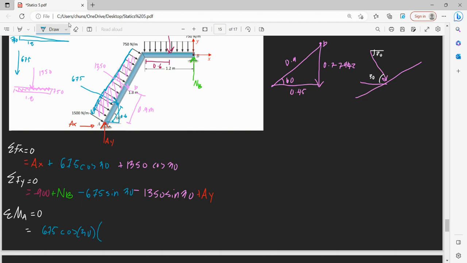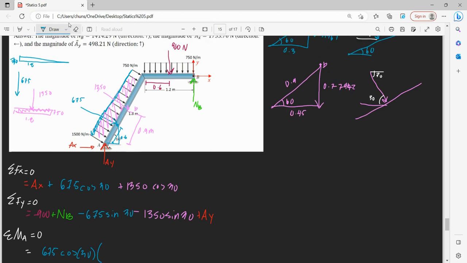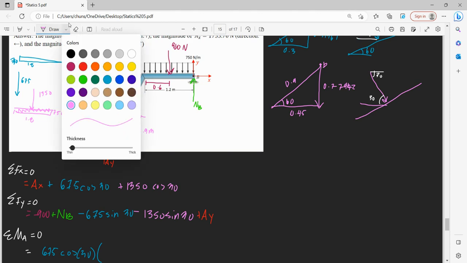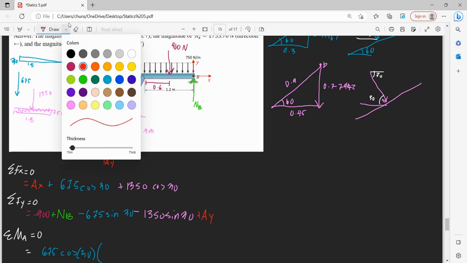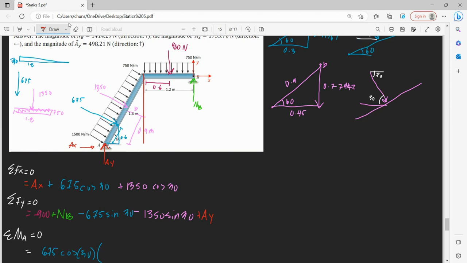So we need to find the vertical distance that we need to get in order to get to point A. So our vertical distance is from here to here. And let's make another triangle in red this time. Let's do our whole triangle, then you're going to subtract this distance here.